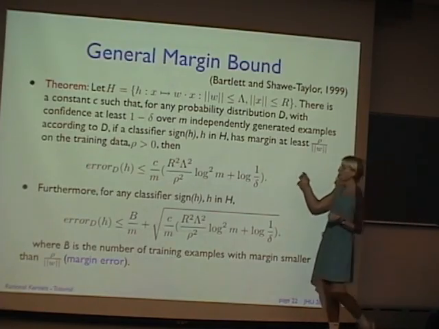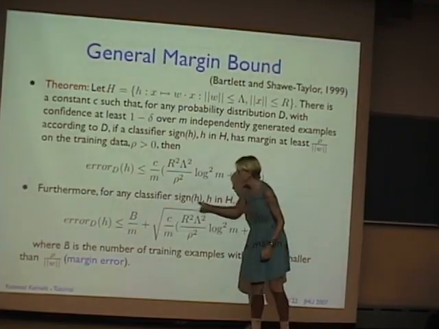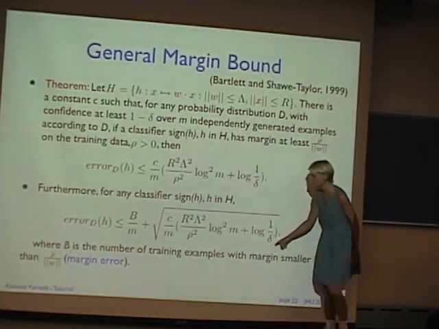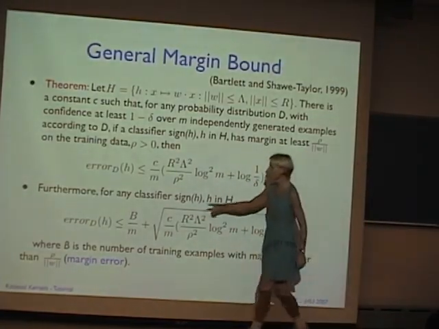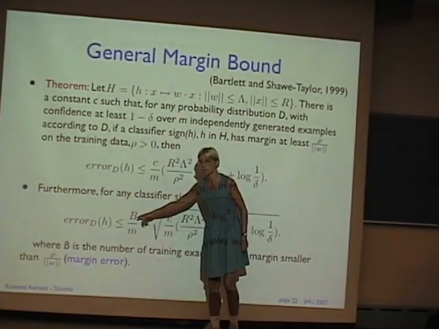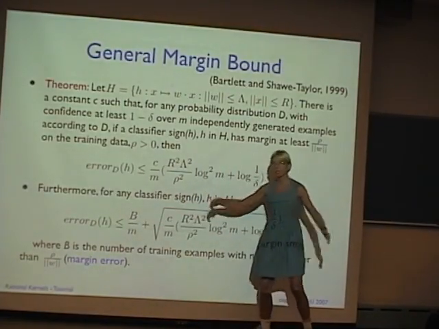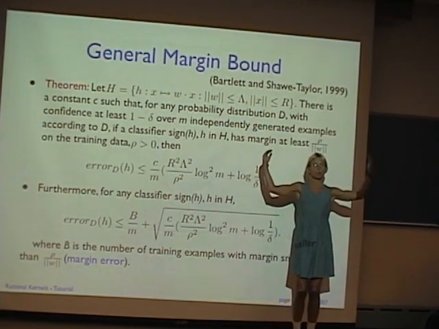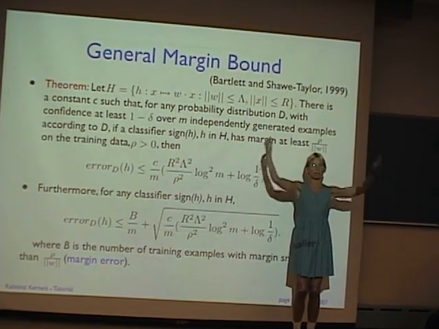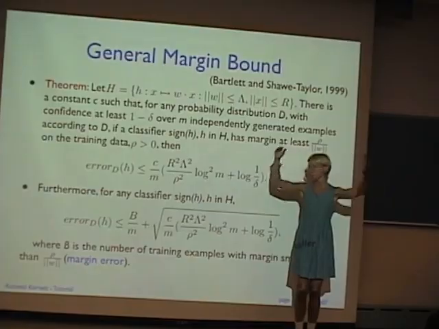So if we look at the one down here, because that's the one that's most relevant for us, here we have the number of errors we made on the training set, that's B. Here we have R, which is the radius of the smallest sphere enclosing all the training points.